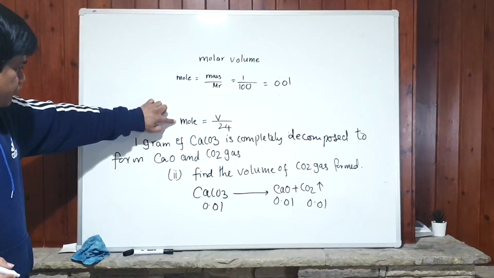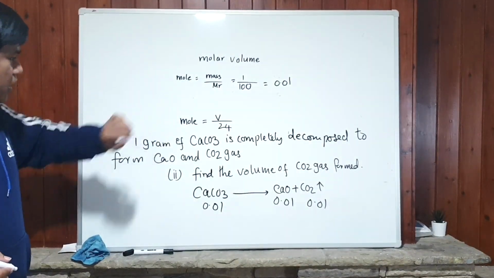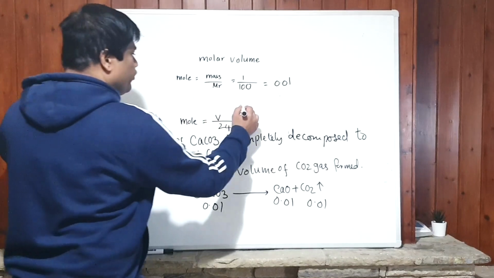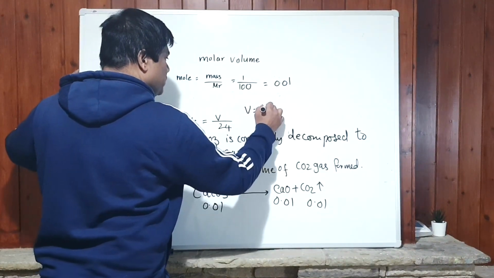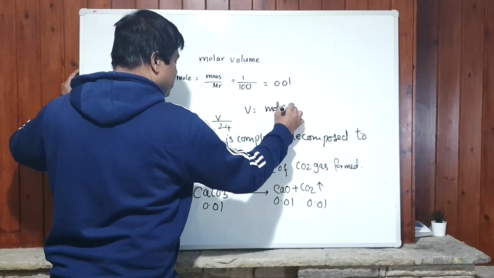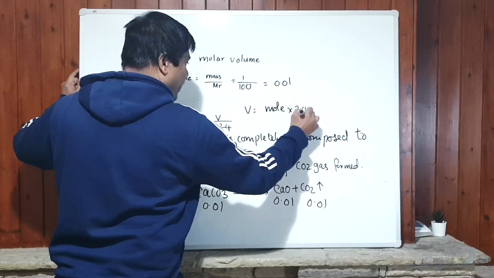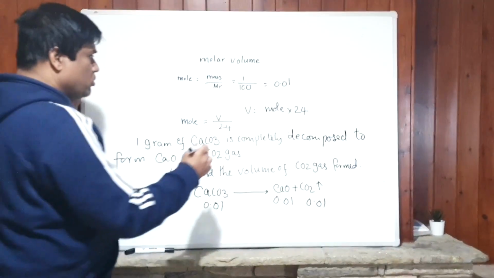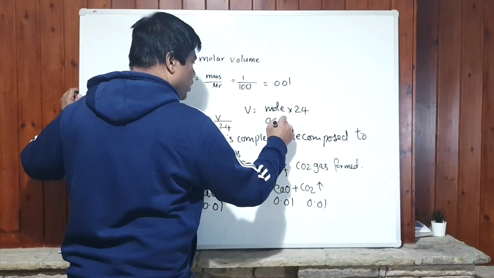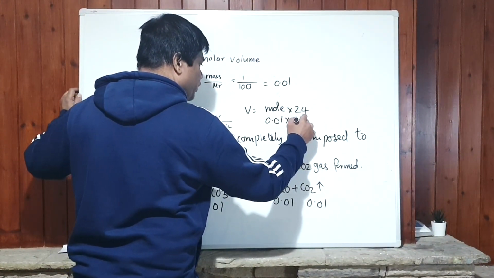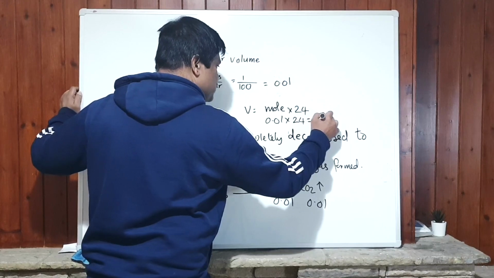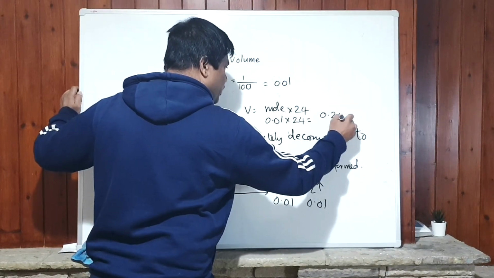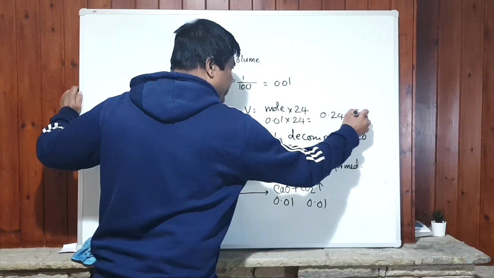Now use this formula to work out the molar volume. Rearrange that formula: V equals mole times 24, and that 24 should be in dm cube. So V equals 0.01 times 24, which equals 0.24 dm cube.